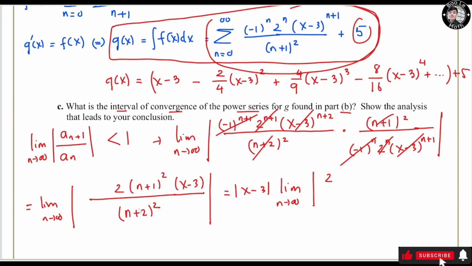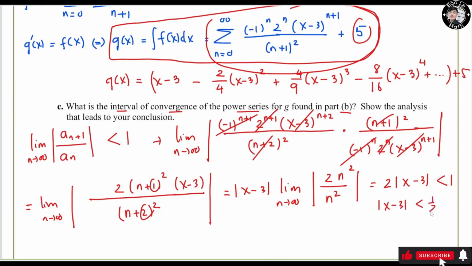Now, when n approaches infinity, the 1 and the 2 here don't really matter, so it's n squared over n squared, which cancels out, and you have 2 left. So it's 2 times the absolute value of s minus 3.